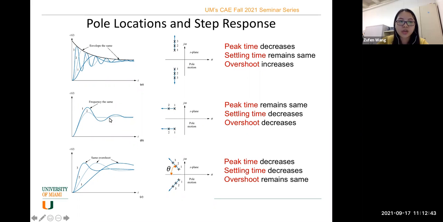Here we can see point 3 has a shorter settling time, and its overshoot will also decrease. And if the closed loop poles have the same angle and move in this direction, with the imaginary part moving upward and the real part moving to the left, then the peak time will decrease, the settling time will also decrease, while the overshoot remains the same.